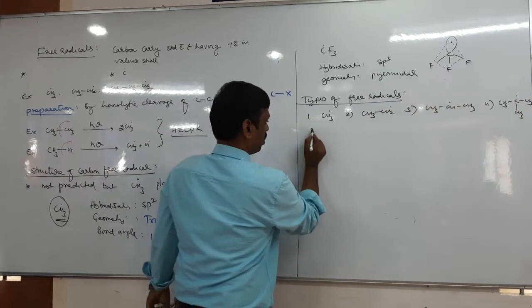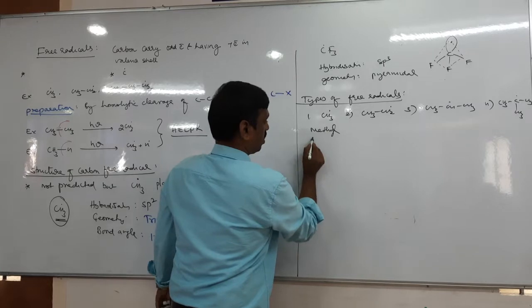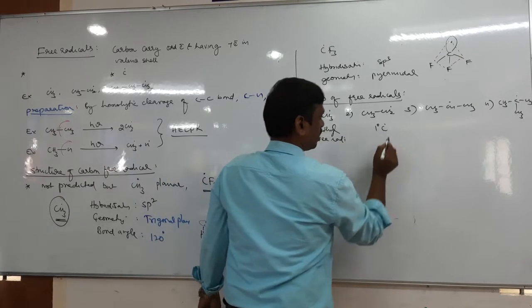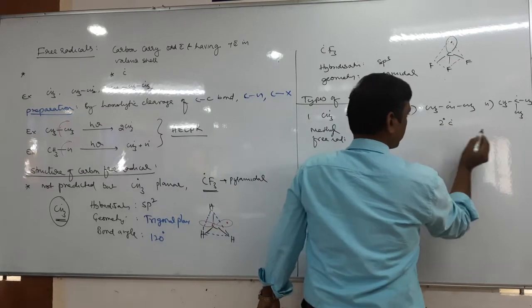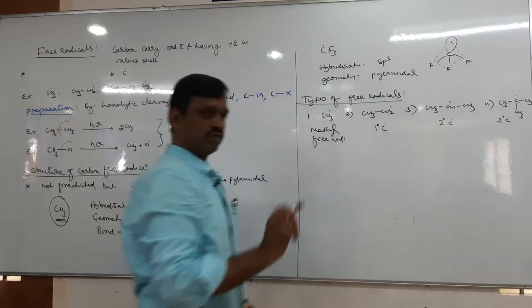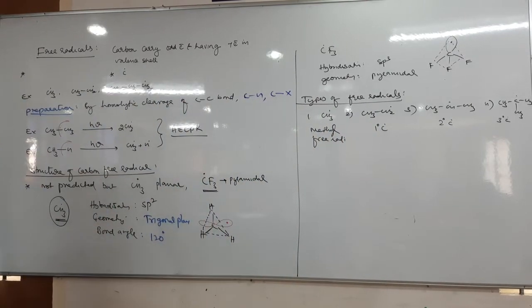So this is a methyl free radical, this is a primary free radical, secondary free radical, tertiary free radical. These are the types of free radicals.